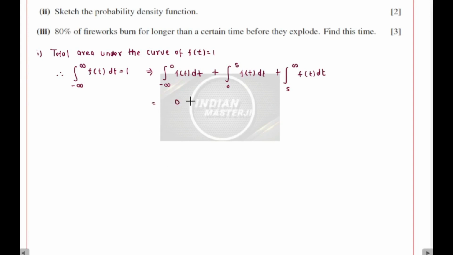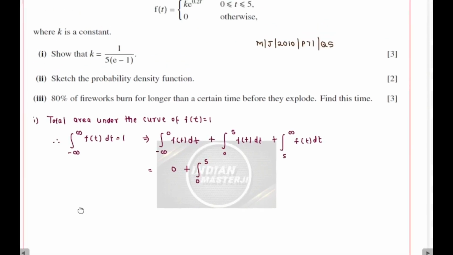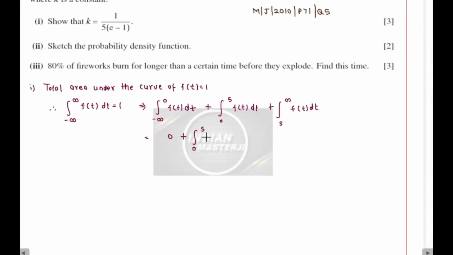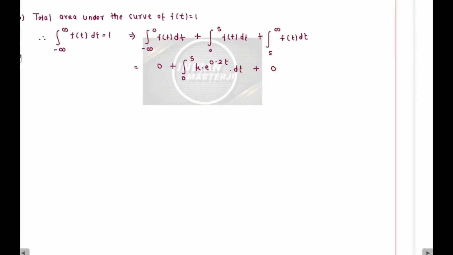So that means this integration will be 0. And for the 0 to 5 interval, what is f of t? f of t is k times e raised to 0.2 t. So this I will integrate with respect to t, plus from 5 to infinity interval, f of t is again 0, so that means integration will be 0.